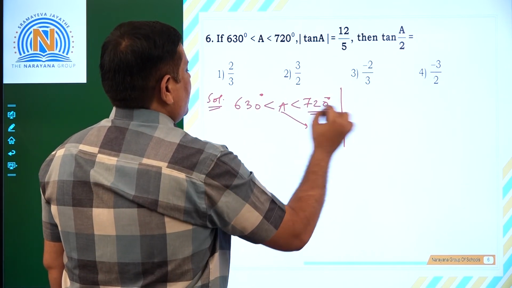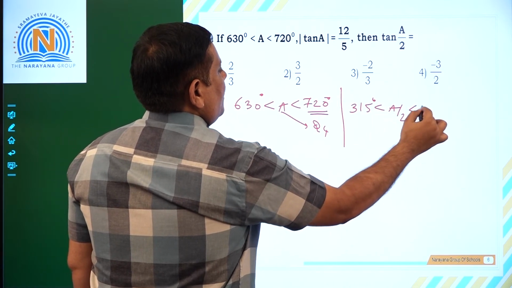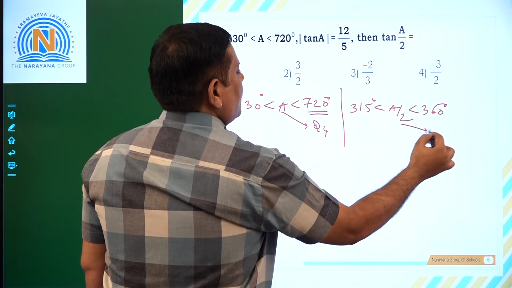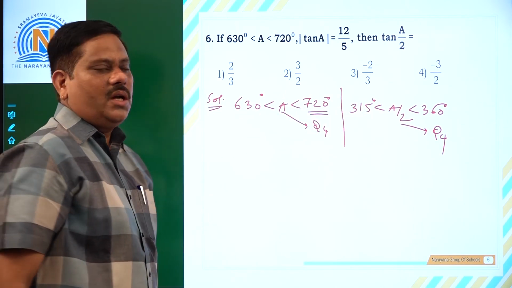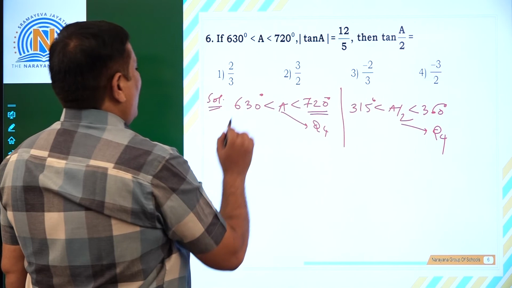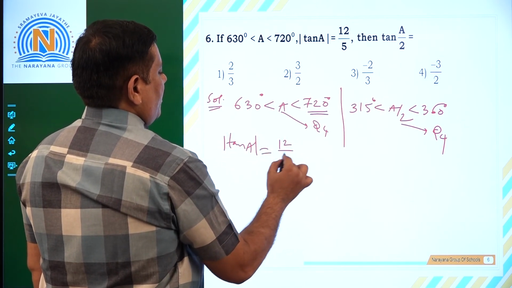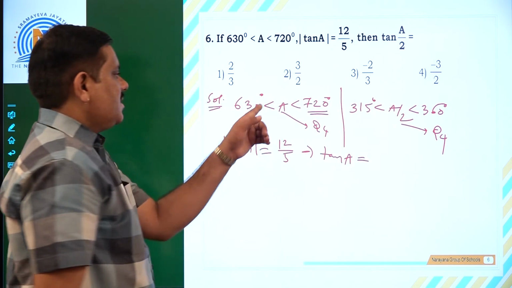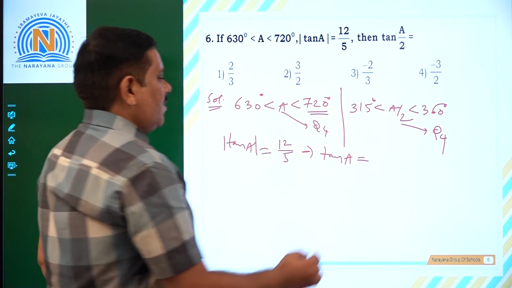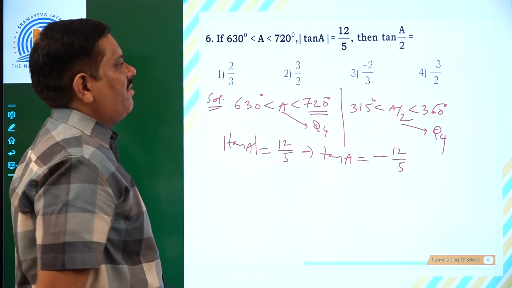And a by 2, he is asking, a by 2 means 315 degrees is less than a by 2, less than 360 degrees. This is also in quadrant 4. Both are in quadrant 4. Now, mod tan A is given as 12 by 5. A is an angle in quadrant 4, where tan is negative, so tan A is minus 12 by 5.